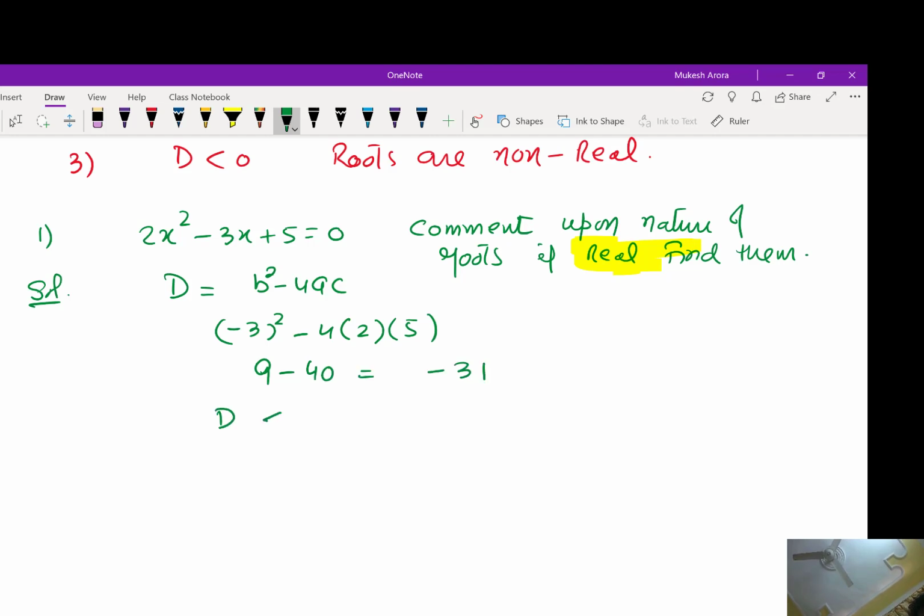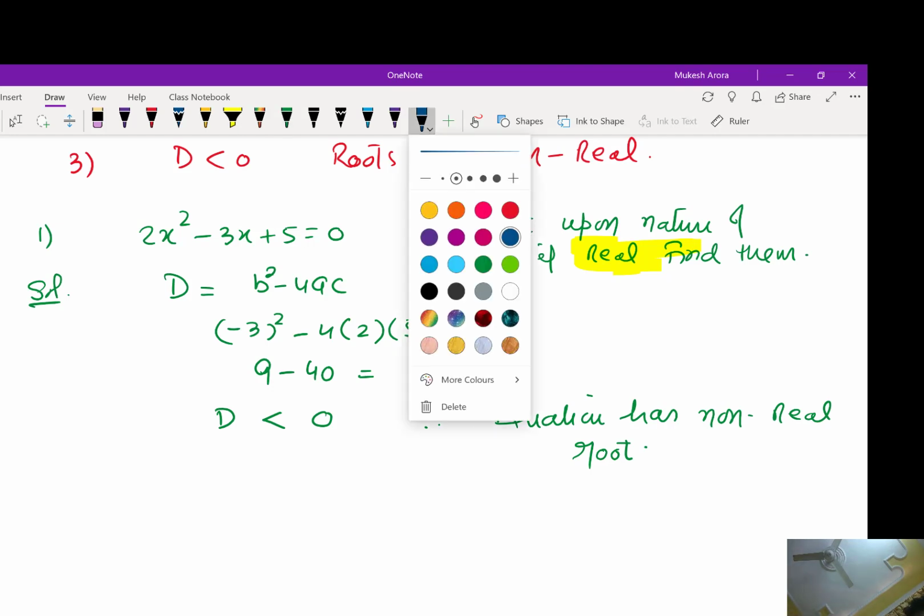So D is less than 0. If D is less than 0, therefore the equation has non-real roots. So we will leave the question here only. We will not find them, because we will find them only if real.